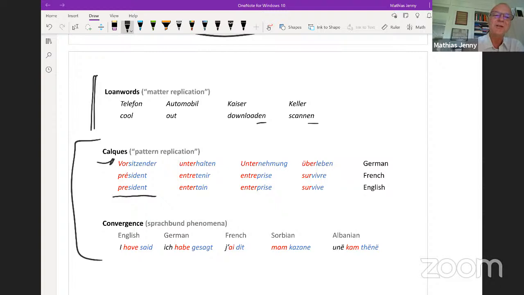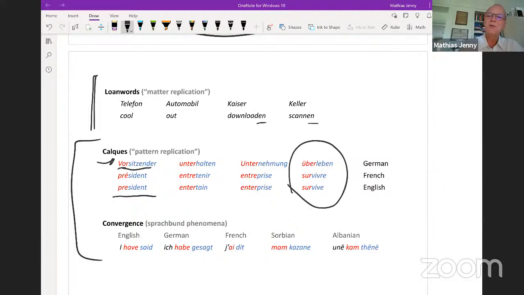So in German, we have vor, which means before, in front of, and sitzend, which means sitting. So it's the same elements, the same construction, but using German words. And the same is true for the other examples here.